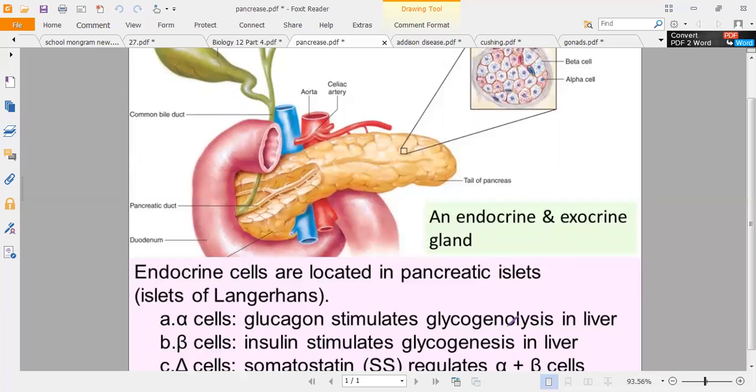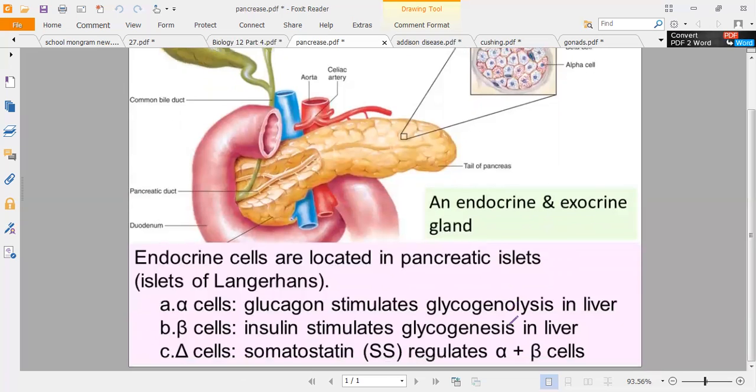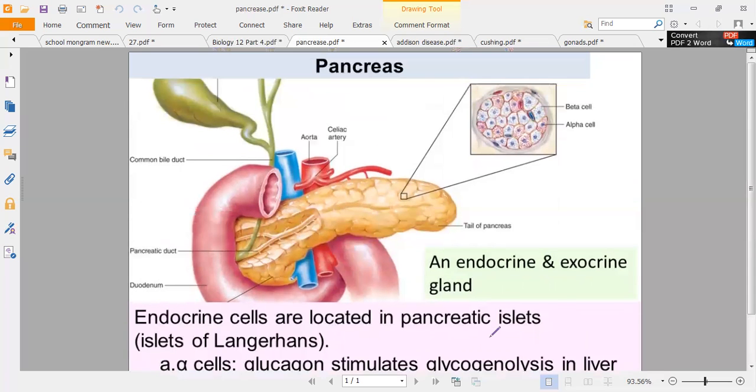Glucose is formed from proteins and from lipids, that is called gluconeogenesis. The beta cells release insulin, which stimulates glycogenesis in the liver, and the delta cells release somatostatin, which regulates alpha and beta cells.